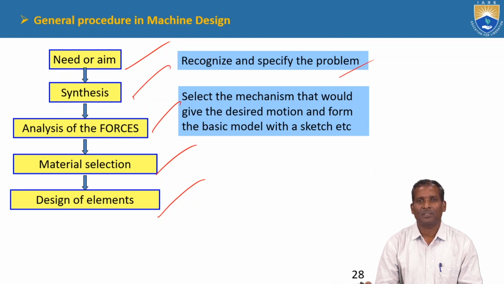Supply those materials for the individual components. That is why, at the material selection stage, you should know the properties of materials. If you don't know the properties of a material, you can't select it for the desired design.